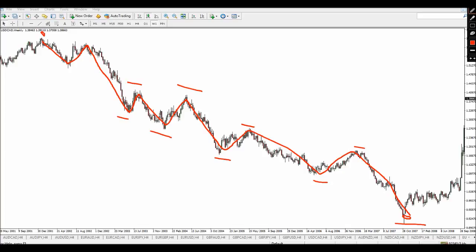If we believe that price is going to continue moving in a downwards direction, we can enter some short positions. If we feel price is going to go up, we can enter some long positions and make money accordingly. If we don't know the general price direction of a currency pair, then I believe you're left more in the dark.